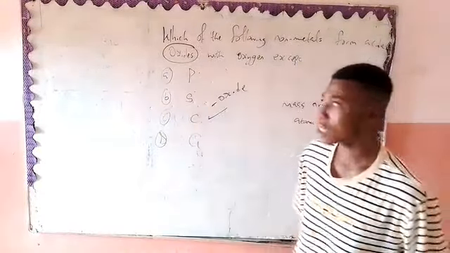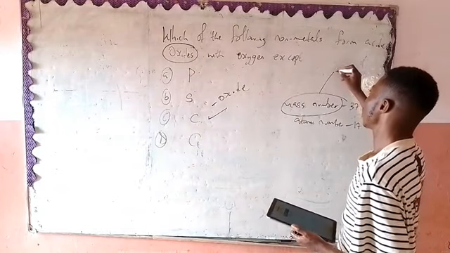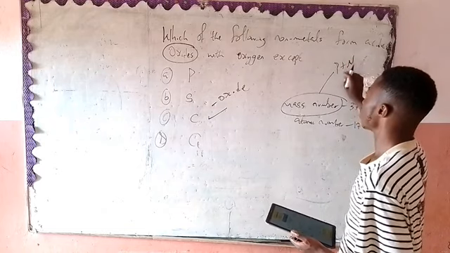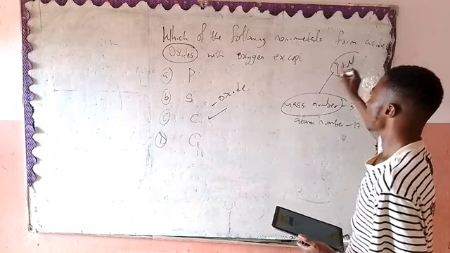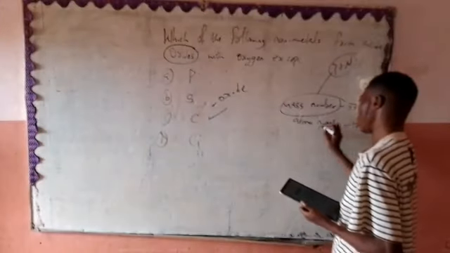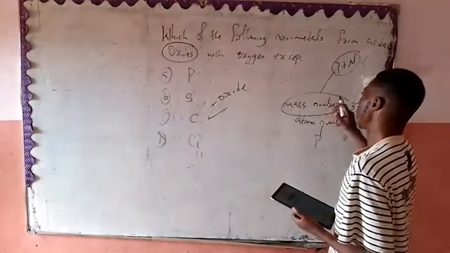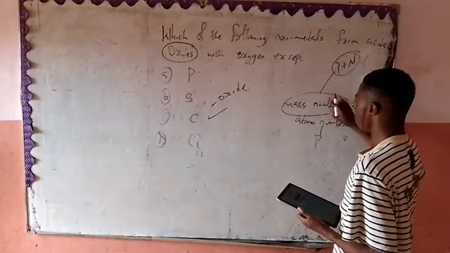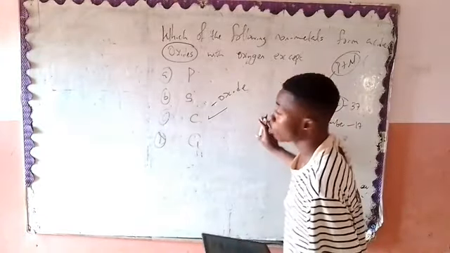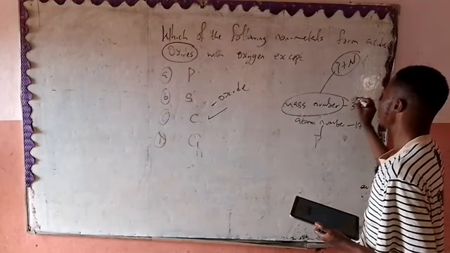Have it in mind that what makes up the mass number is two things: proton and neutron. Once you add proton and neutron together, you get the mass number. And what makes up the atomic number is just the protons. Do you get that now? That means to get the mass number, you add the atomic number and the neutrons. For this particular question, we're already given 37.